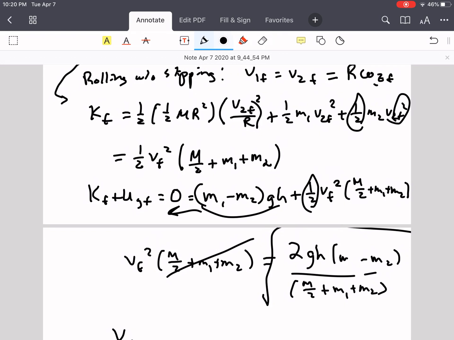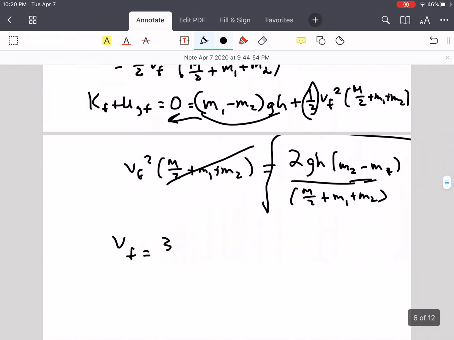This has to be a positive number. So 5 kilograms, all divided by capital M over 2, which I said was 7 kilograms, so that's 3.5, plus 5, plus 10 kilograms. And the answer, lo and behold, is that the final speed is 3.64 meters per second.